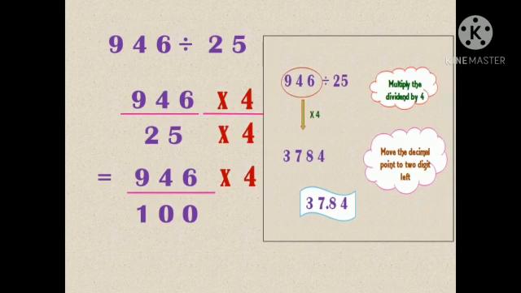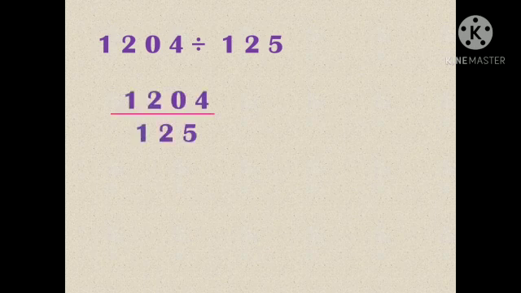So next, let us see the reason for multiplying a number by 8 when we have to divide any number by 125. So some might have guessed. Let me explain also. So let us read it as 1204 divided by 125, that is, 125 in the denominator. So if you make the denominator 1000, division will be very easy.